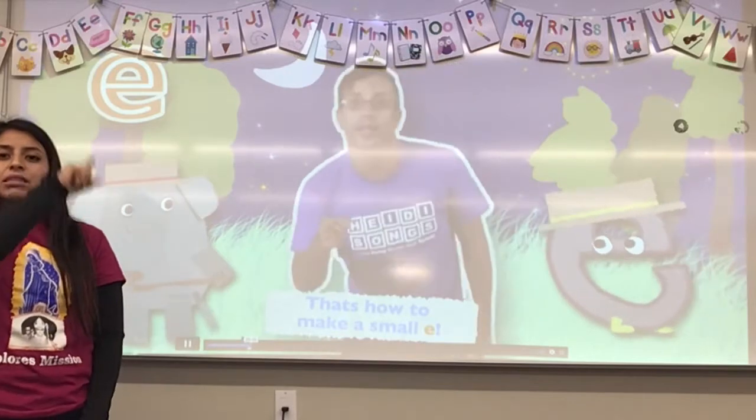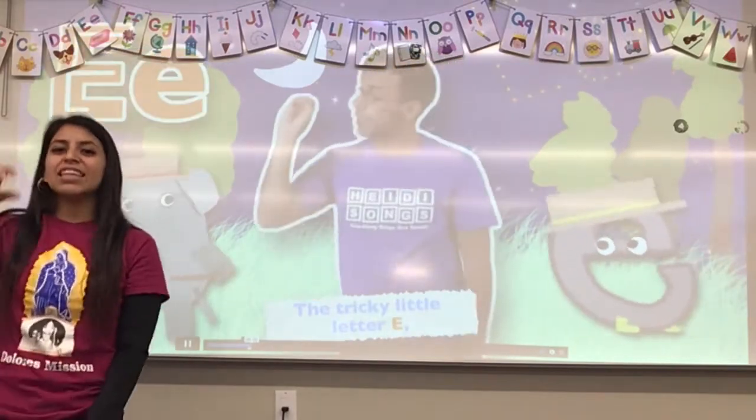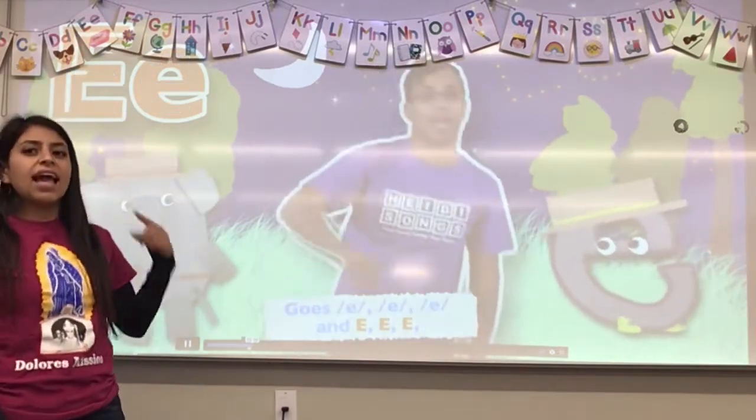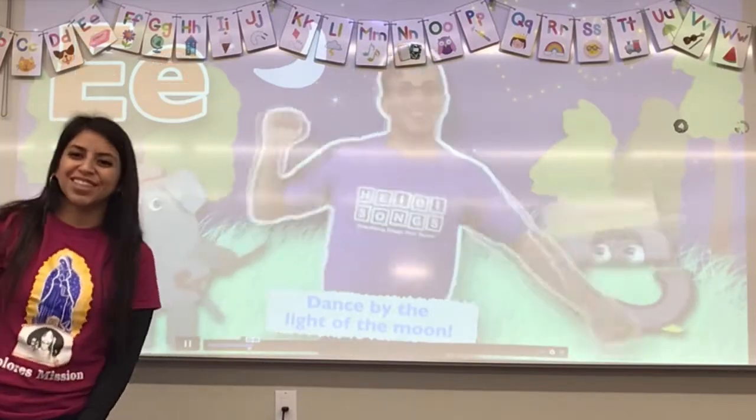That's how to make a small E. The tricky little letter E, letter E, letter E goes F, F, F, and E, E, E. Dance by the light of the moon.